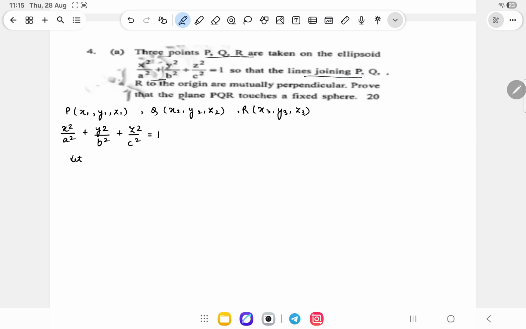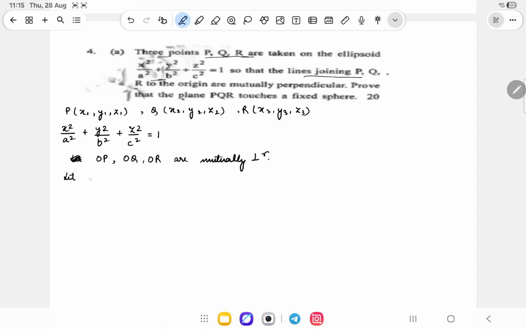Also the question says that these 3 points P, Q and R are on the ellipsoid such that the lines OP, OQ and OR are mutually perpendicular. So the line joining origin to point P, that is OP, likewise OQ and OR are mutually perpendicular.